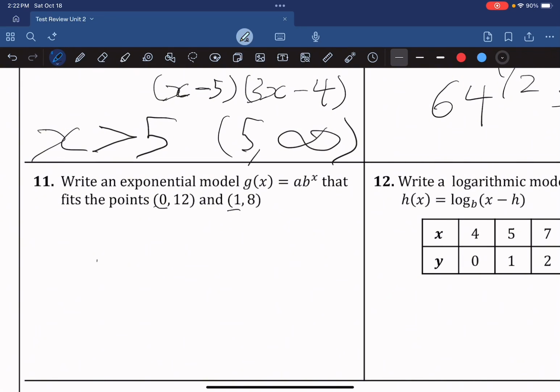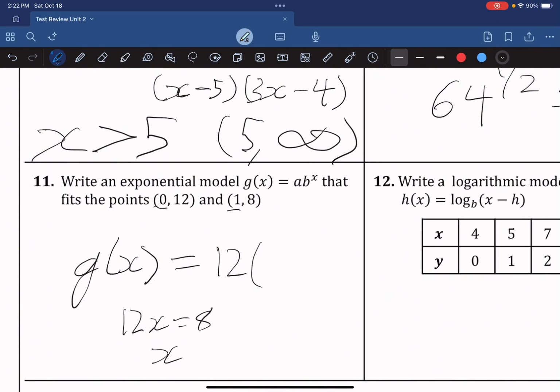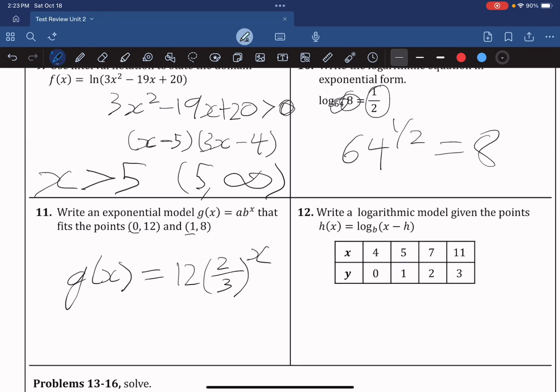So we would just do g of x equals, well, your first term is 12 right there, times b, which is the same thing as your r, your rate that it's decreasing. 12 times b equals 8, b equals 2/3, so 2/3 to the x. There you go. That's in function form.